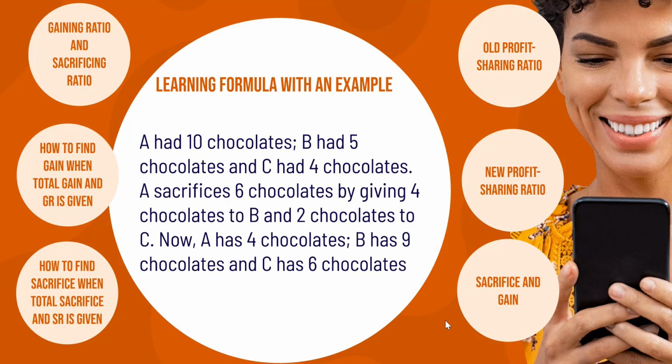So we'll go into each of the terms in detail. Let's first start with old profit sharing ratio. The old share of A was 10 chocolates, B 5 chocolates, and C was 4 chocolates.